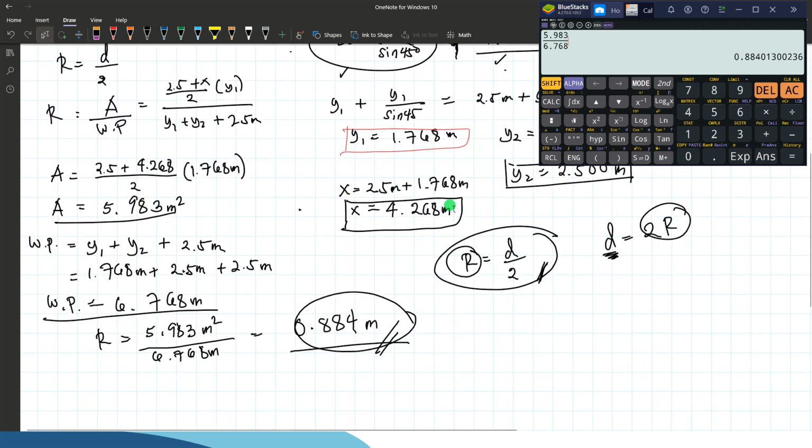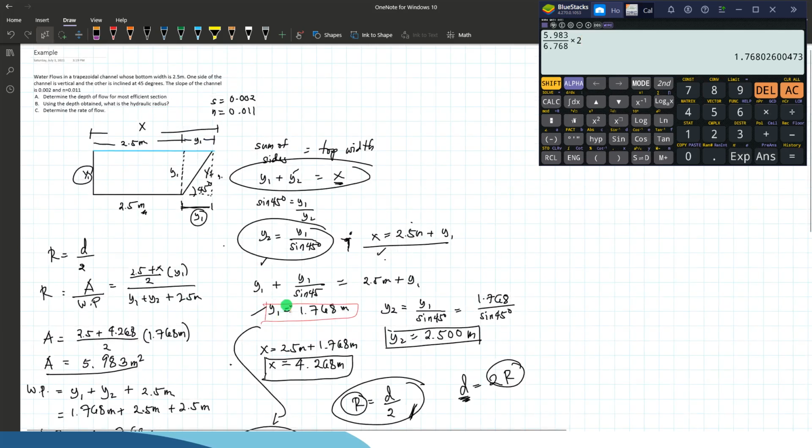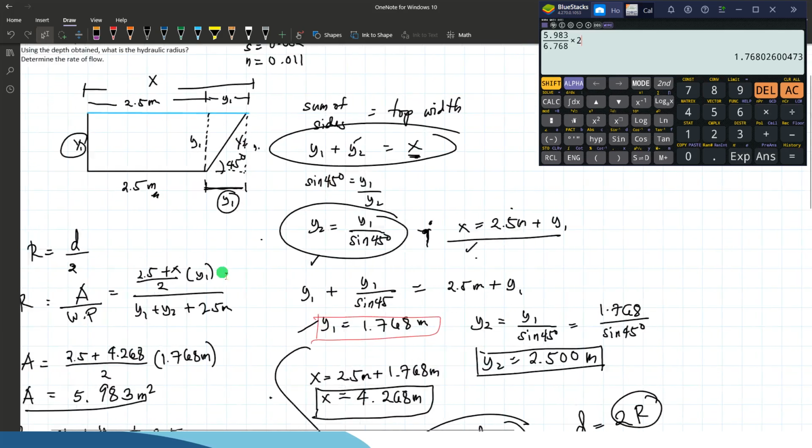Y sub 1 should be 1.768. So we multiply this by 2, and our answer is 1.768, which is correct. When you divide it by 2, that is equivalent to 0.884, the hydraulic radius for this economic section. So the answer for letter B is 0.884.